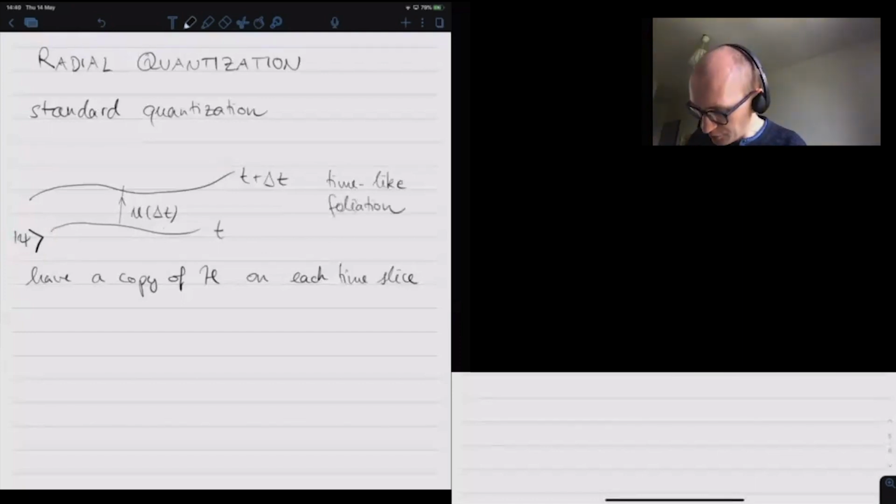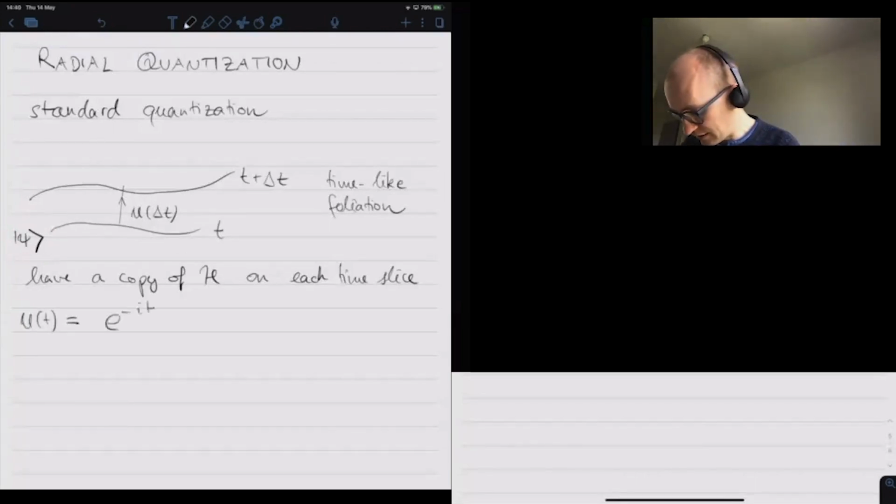So the important part is that U of t, the unitary operator in general that implements this going from one leaf of the foliation to another, is just e to the minus i times the Hamiltonian times time. So this is the Hamiltonian.